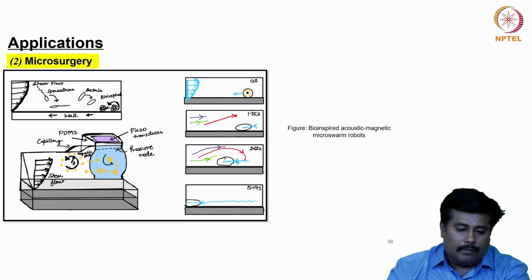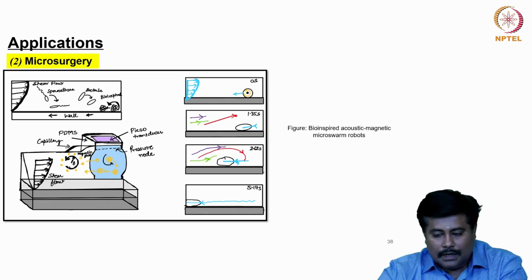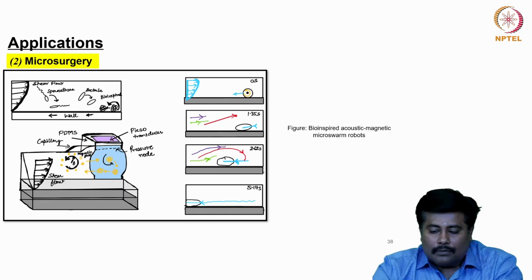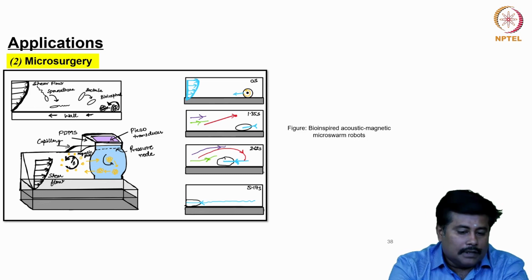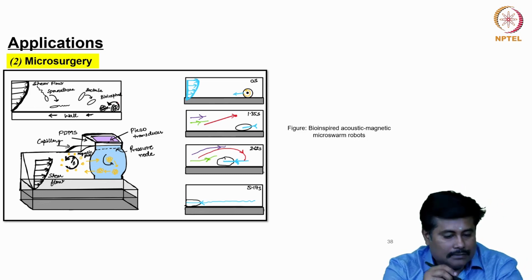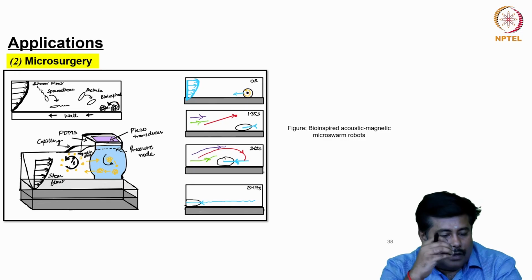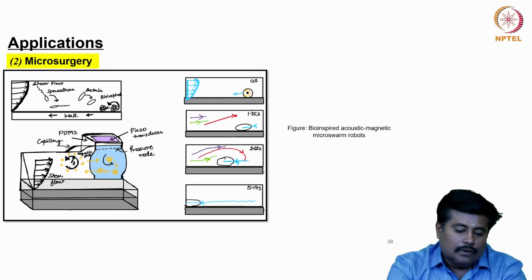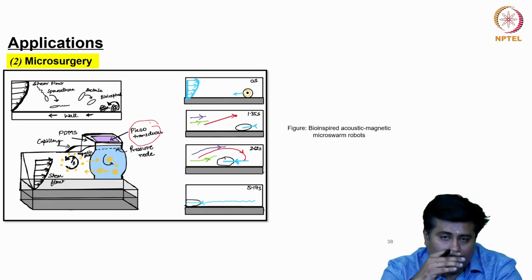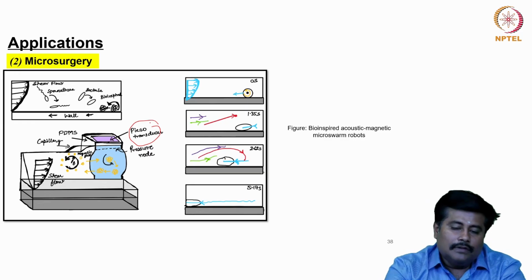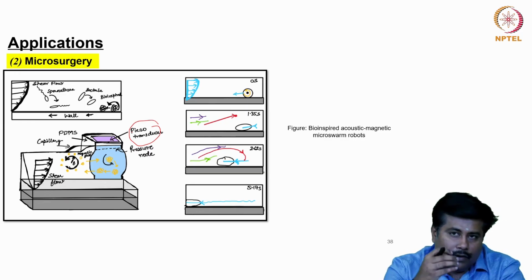Now this is a kind of microsurgery. As far as this is concerned, it is a bio-inspired acoustic magnetic micro swarm. In this particular case, there are some bacteria and bio-inspired structures available. Here, in order to create an acoustic based structure, a piezo transducer is used. This piezo transducer will vibrate at a high frequency, and this creates a pressure node.